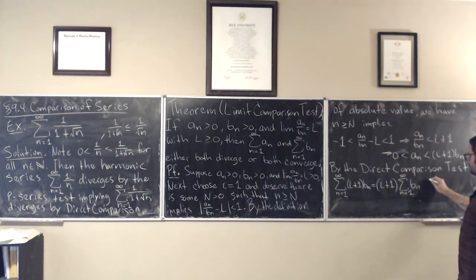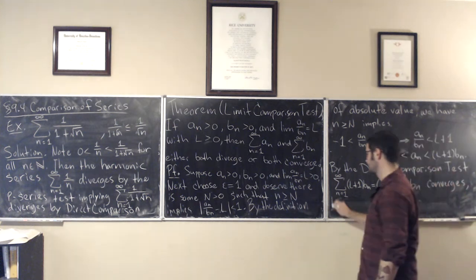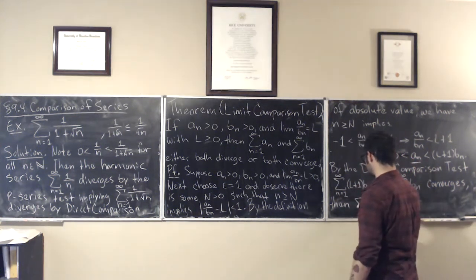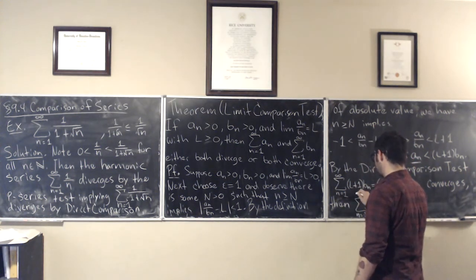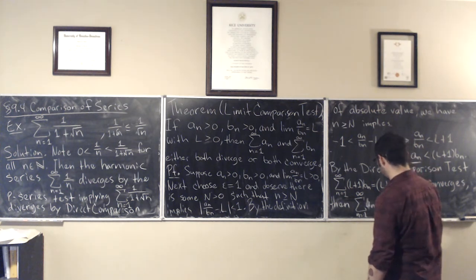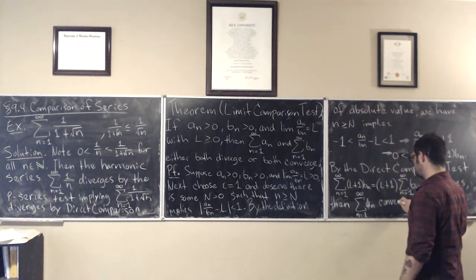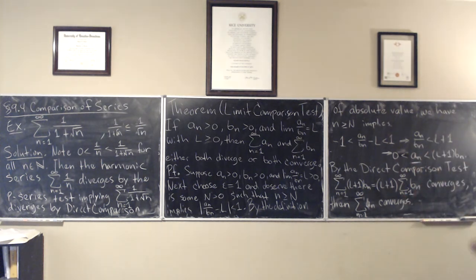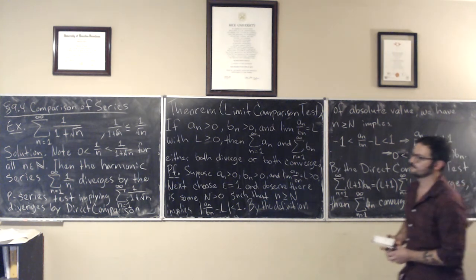So if this converges, then the sum with those terms must also converge. And that's pretty much it. If that converges and that converges, and the contrapositive is if that diverges, then that must diverge. Yeah, that's the proof of the limit comparison.